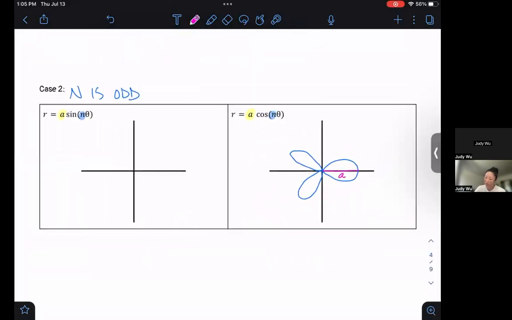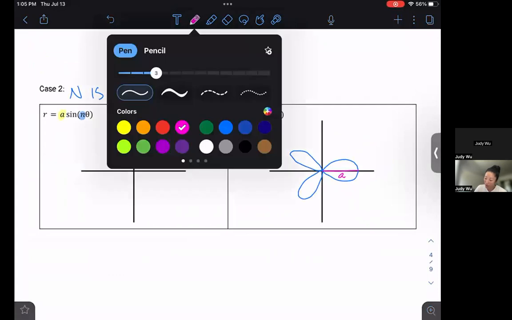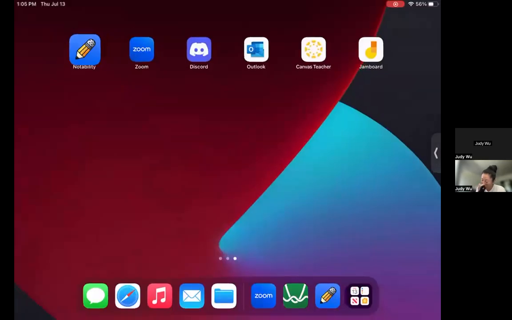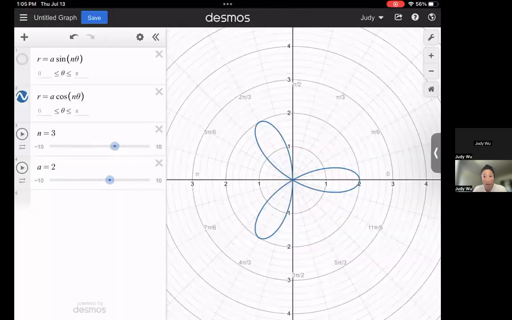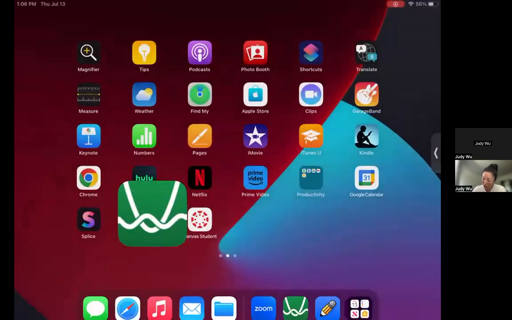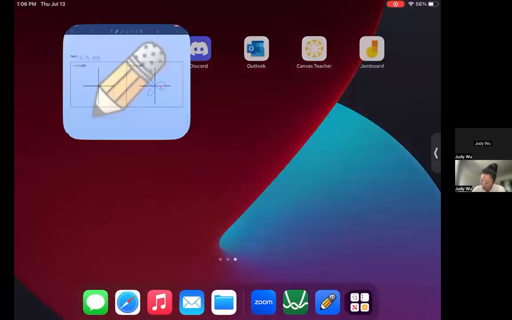But if we saw this for sine, let's go back to that graph for a moment. Make sure we draw those 3 petals in the correct location. All right, that petal is on the bottom of the x-axis. Okay, so 3, but coming through our 3 pi over 2, if you will.